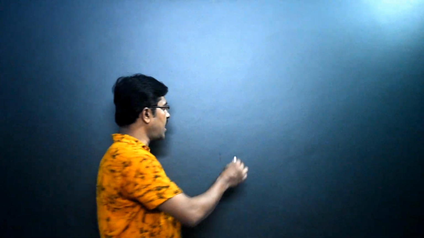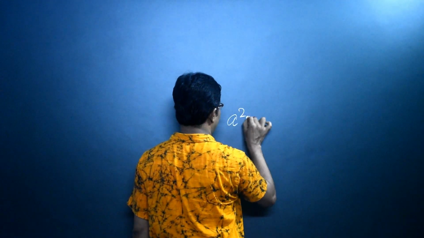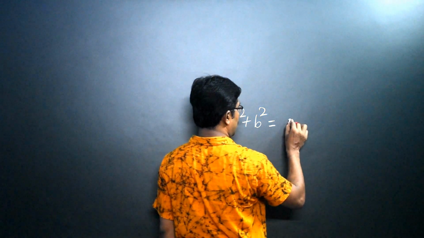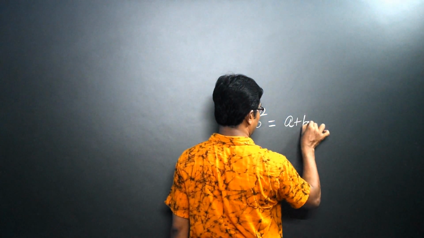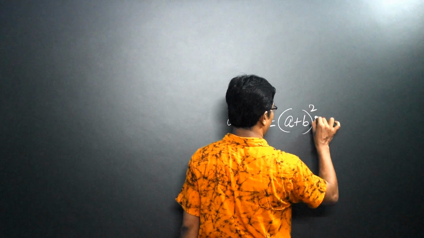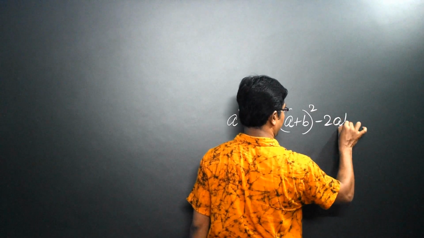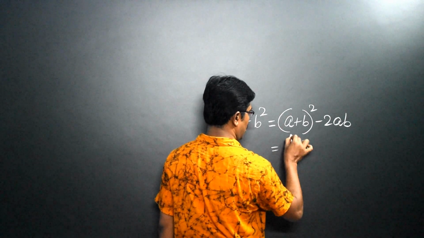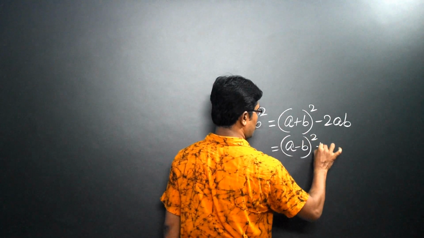We know the identity a square plus b square has two forms. One is a plus b whole square minus 2ab, and another is a minus b whole square plus 2ab.